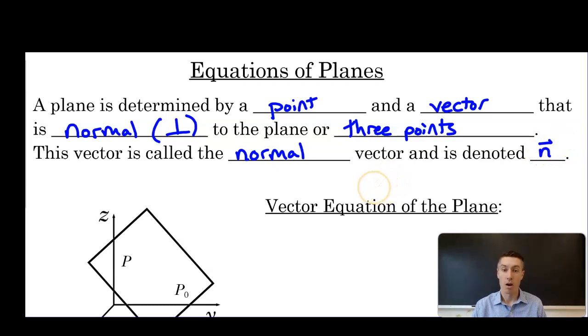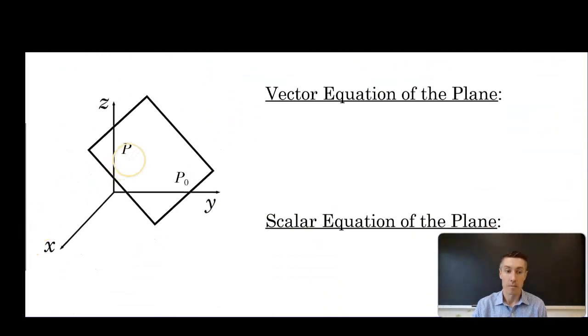So there are 3 ways that we write the equation of a plane, and we'll build through all 3 of them. If we look at our diagram, we have our plane, P naught and P as 2 points. I'll put points for each of these. And we are going to use this to write our equations.